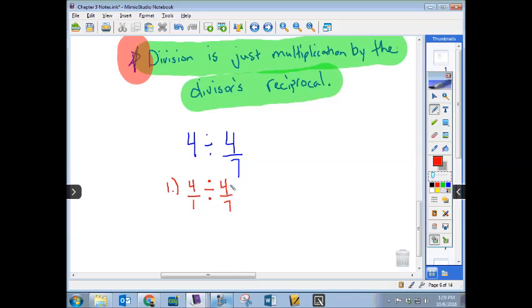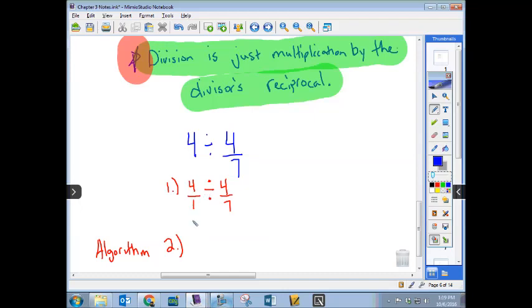That just allowed me to put it in fraction form. Now we're going to go to step 2. Now this is where the real algorithm starts. Remember, an algorithm is just a step-by-step process. So when I talk about algorithm, this is what I'm talking about. That's the first step. Put them in fraction form.